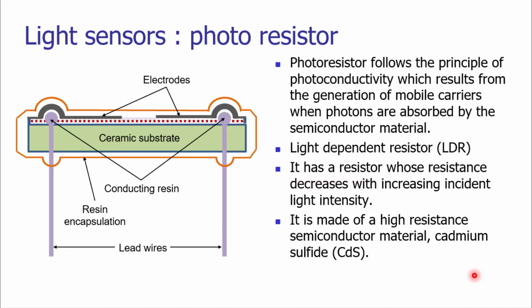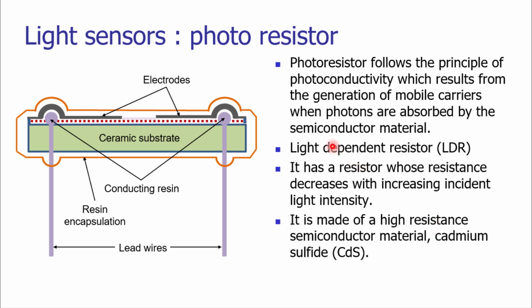We also require to sense light in automation. For that purpose, we are using photoresistors. The photoresistor follows the principle of photoconductivity. In photoconductivity, there is generation of mobile carriers when photons are absorbed by semiconductor materials.